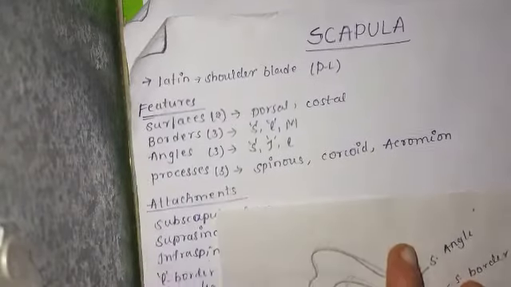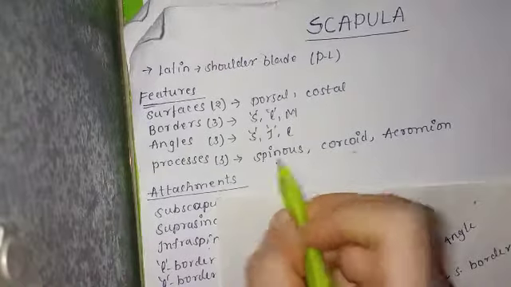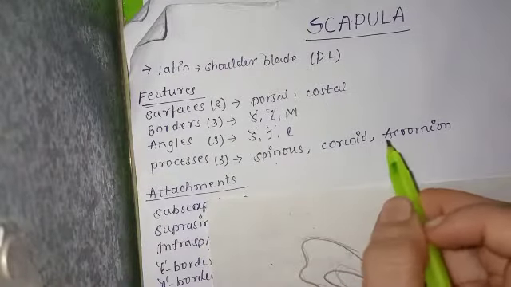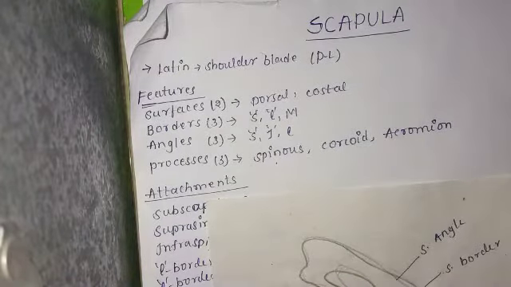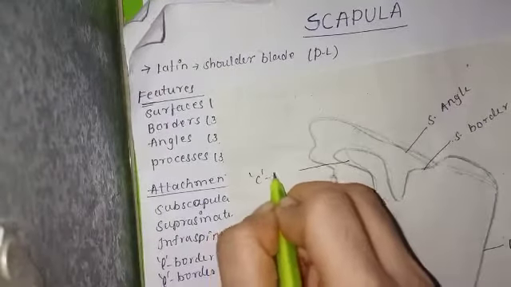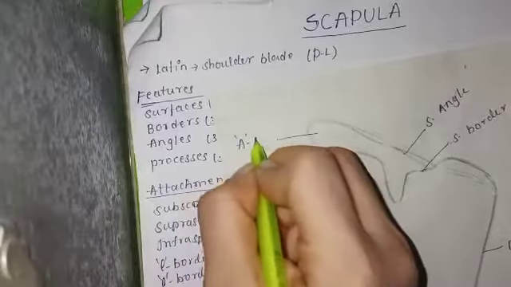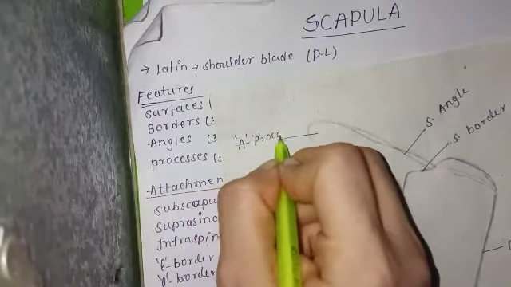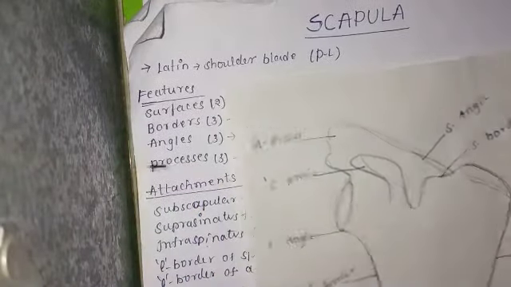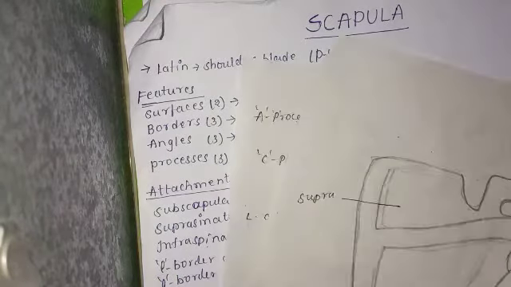Coming to processes, we have again three processes. What are those? Spinous process, coracoid process and acromion process. This is the coracoid process, this is the acromion process, and spinous process is present in the dorsal surface of our scapula.